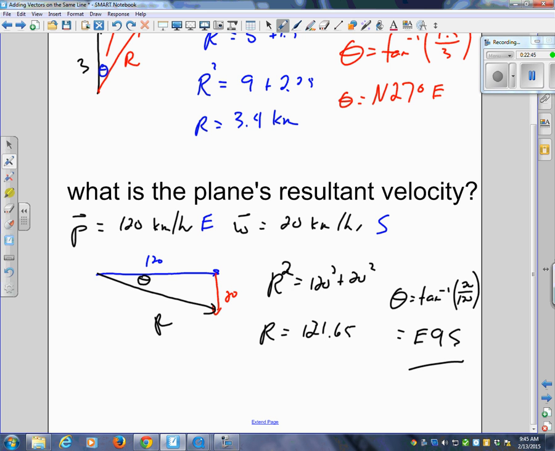Opposite, I always put the opposite in there. Opposite is always the start of the resultant, where there's no arrow, right? So what's east 9.5? East 9 south. Right? East 9 south.